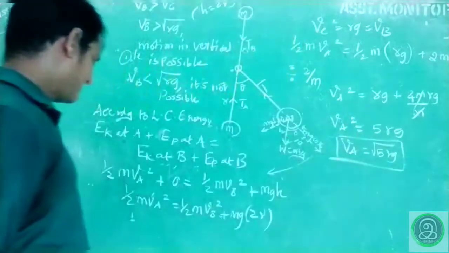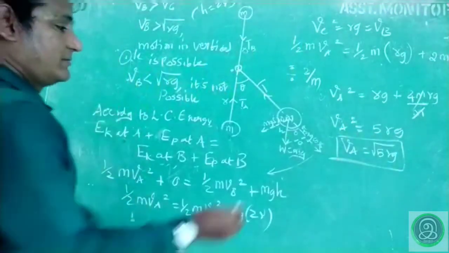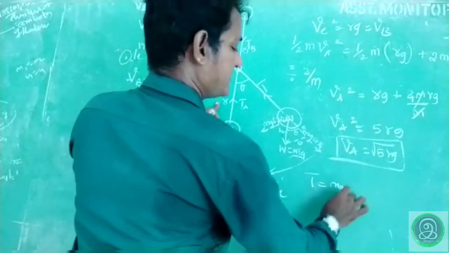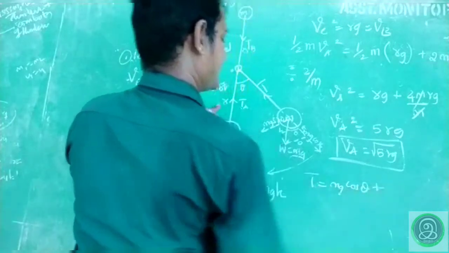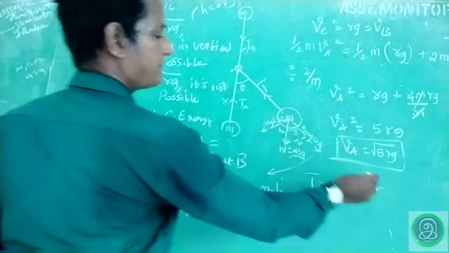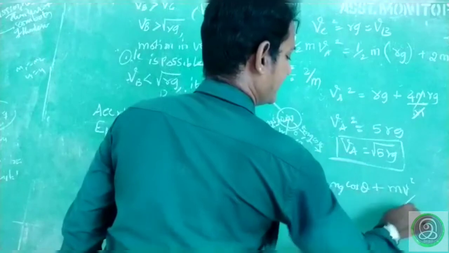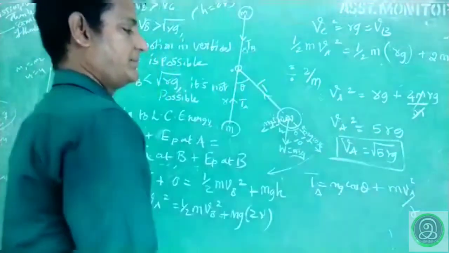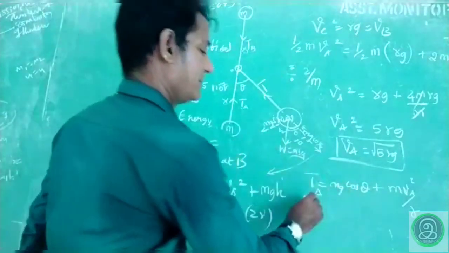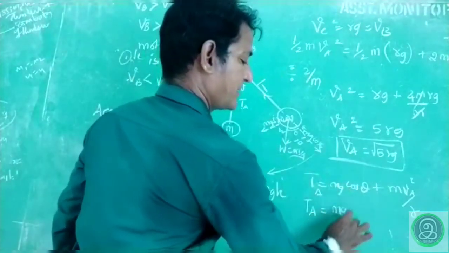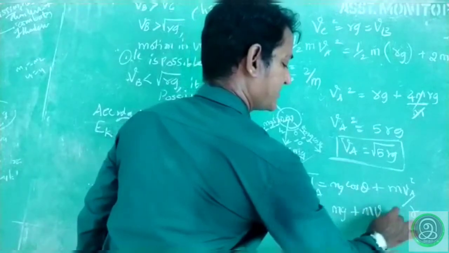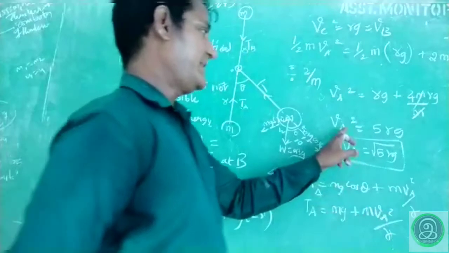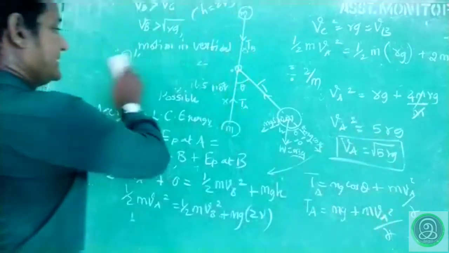If I substitute this value here, what is the value? We have seen, T is equal to mg cos theta plus mv squared by r, that is Ta. So if theta equals 0 here, Ta is equal to mg plus mVA squared by r, right? So let me substitute the value of VA squared, 5Rg, here.